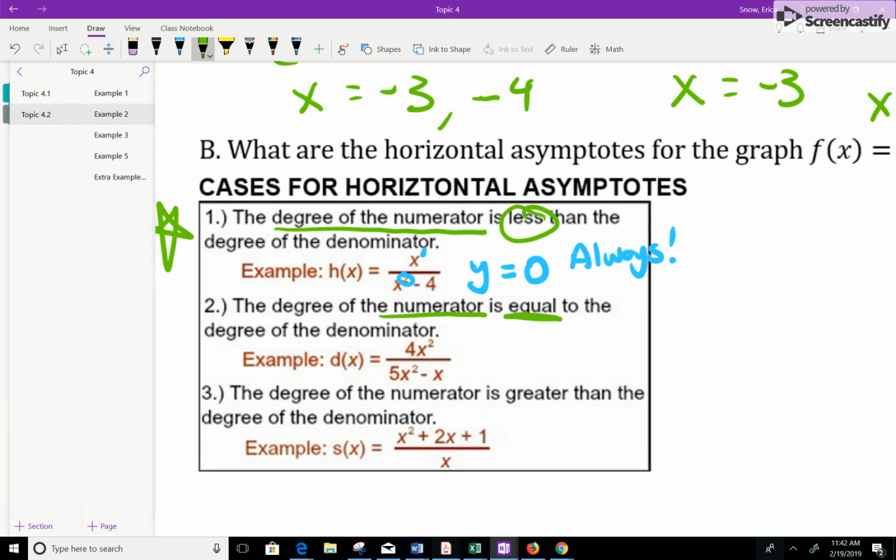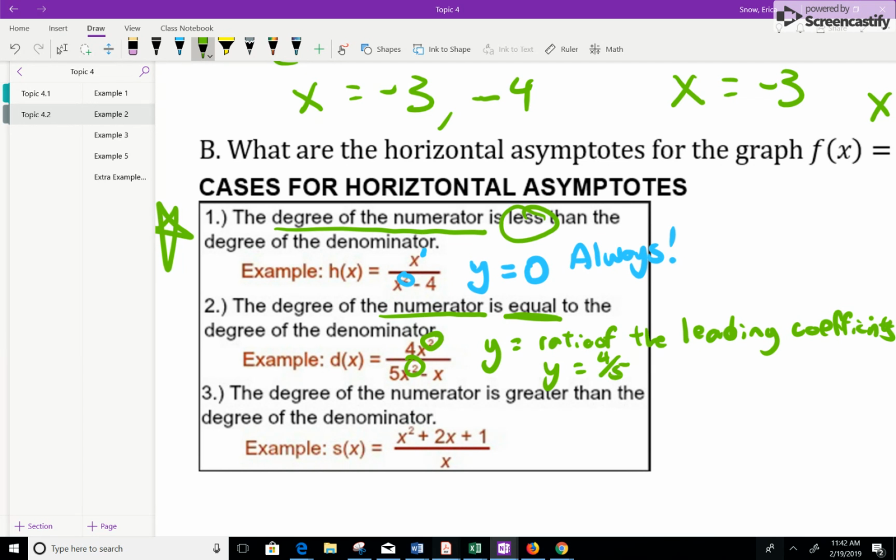The next thing we're going to look at is if the degree of the numerator is equal to the degree of the denominator. So here, both of these are 2's. They're the same. If that's the case, then your y equals the ratio of the leading coefficients. So in this case, y equals 4/5.